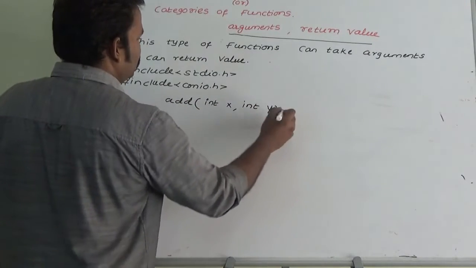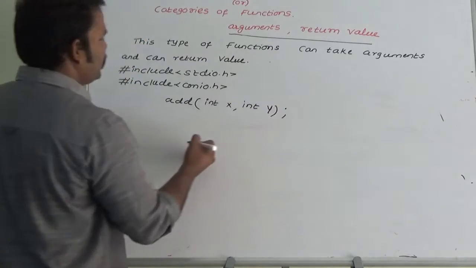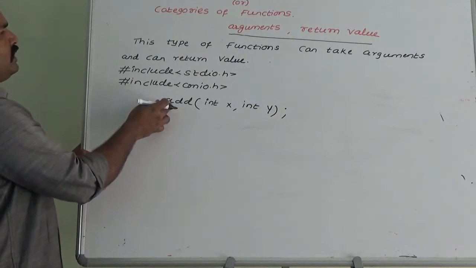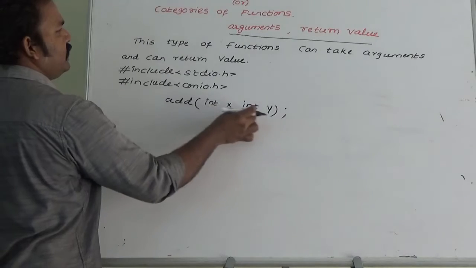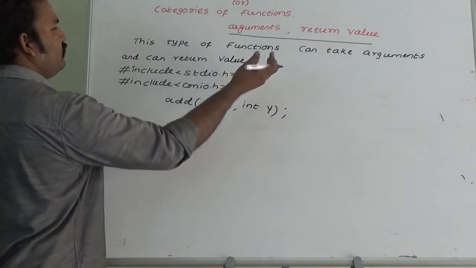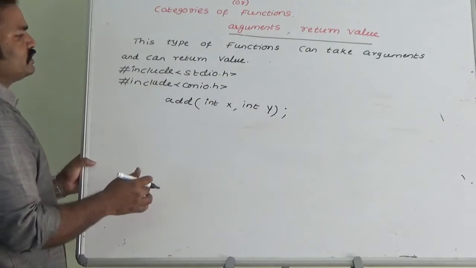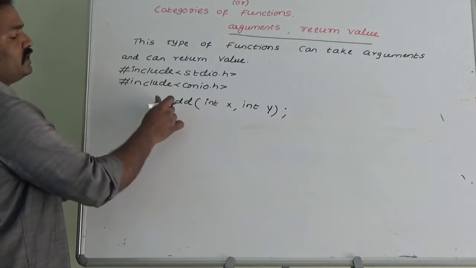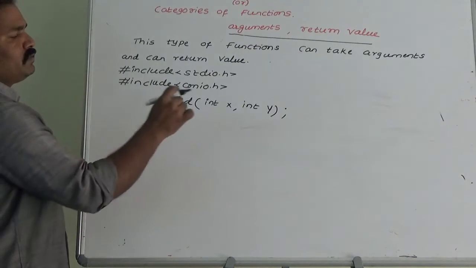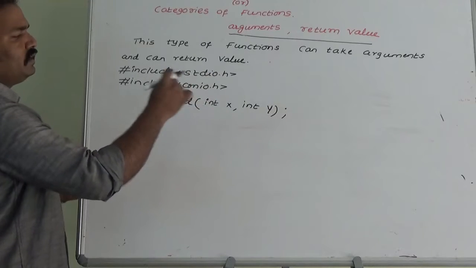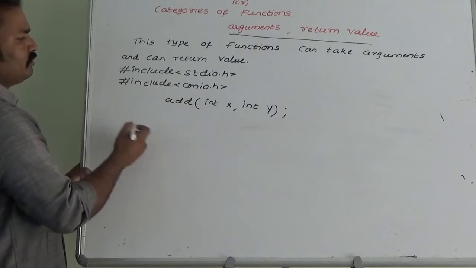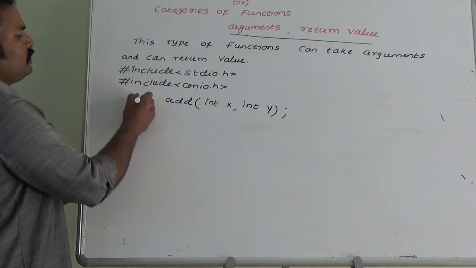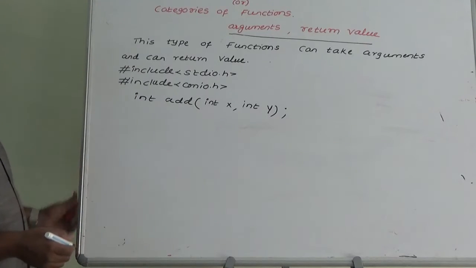The declaration statement should be terminated with a semicolon, and this add function will take arguments and return a value also. After executing, this function can return an integer type of value, so here we have to take the return type as int.